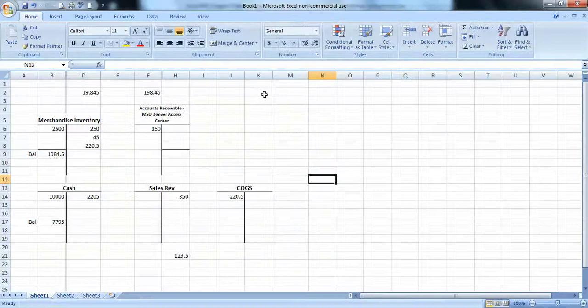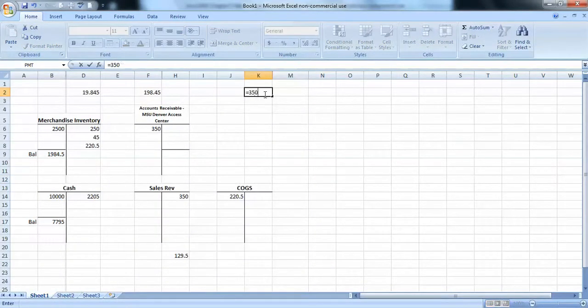So 1% of the 350 is equal to $3.50. So the Access Center is going to be able to reduce how much they owe us, how much cash they have to send to us, the check they have to write to us, by $3.50.